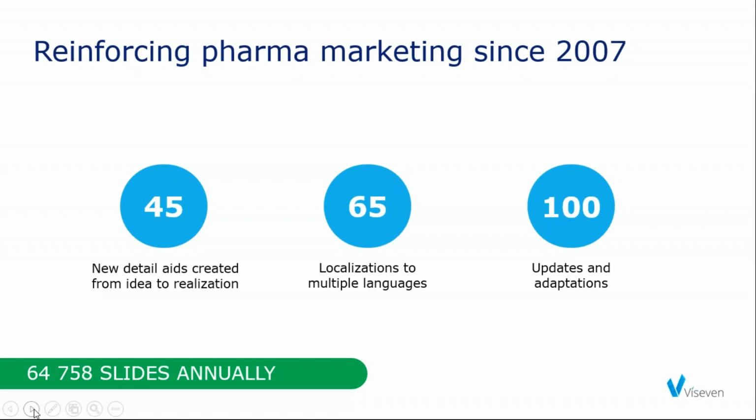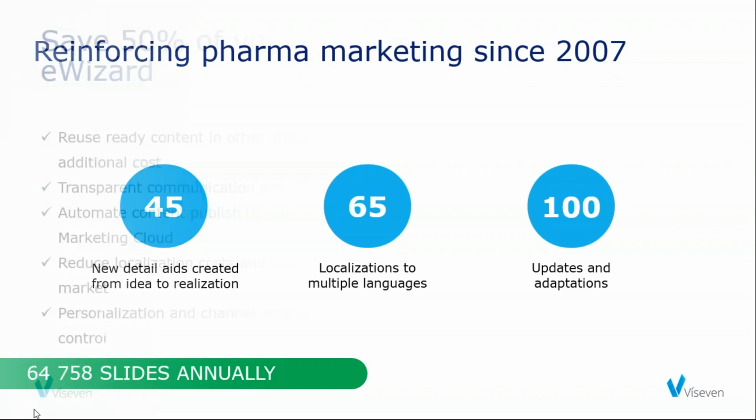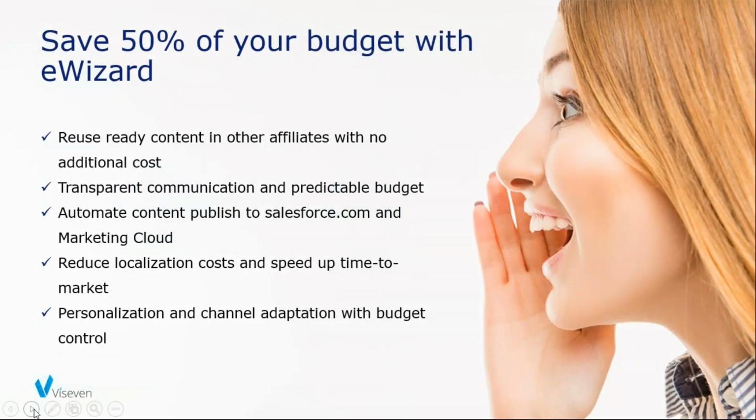And one more approved fact for eVisor effectiveness could be the result of a variety of different pilot projects and full-time rollouts that proved that within the eVisor approach, the clients really save up to 50% of the budget for content optimization and updates, thanks to ready content reuse.